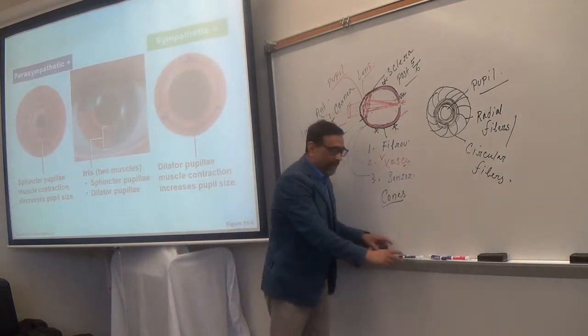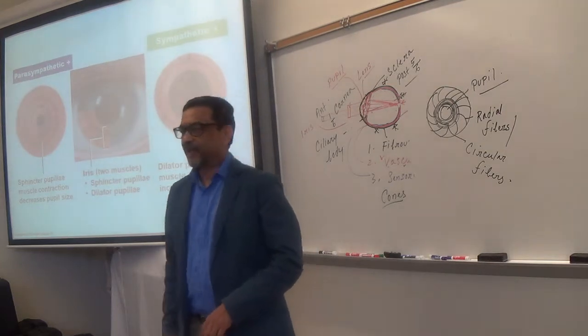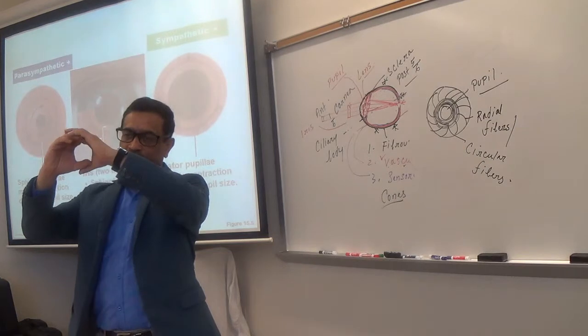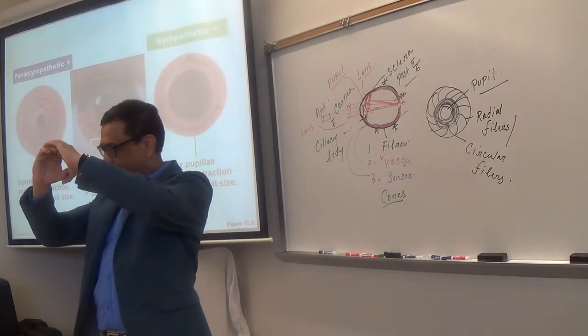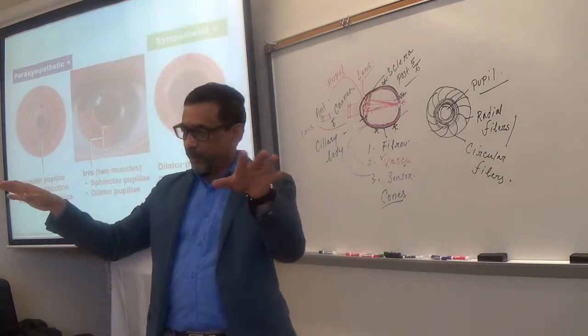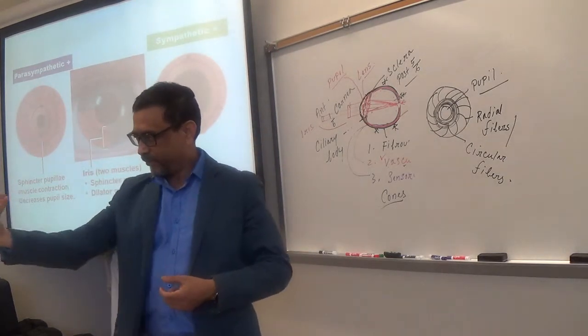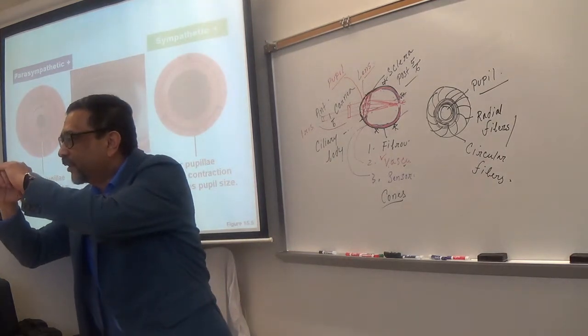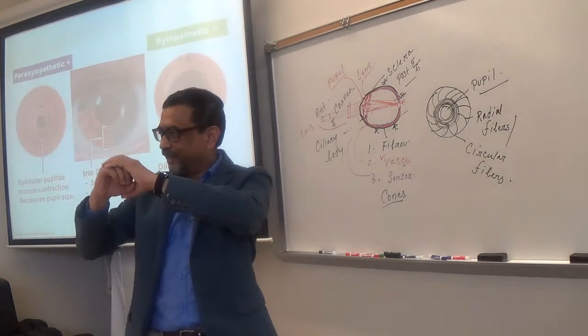Now, the function of the iris is regulating the size of the pupil. Regulating what? Size of the pupil. Now you tell me, all of you know, if I put a flashlight, plenty of light on your eye, your pupil will get what? Small. Very good. Constriction, right?